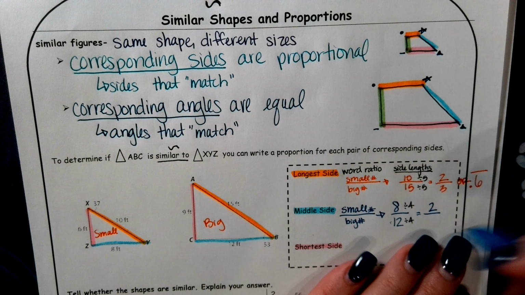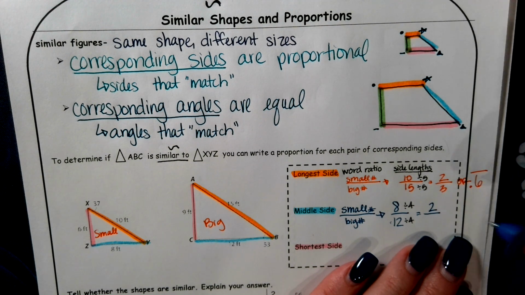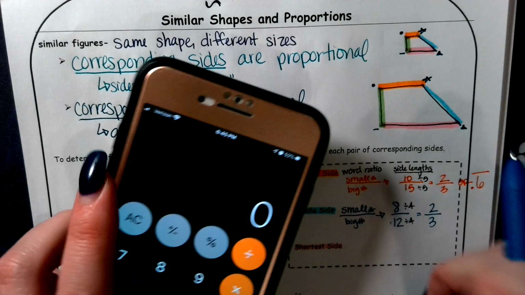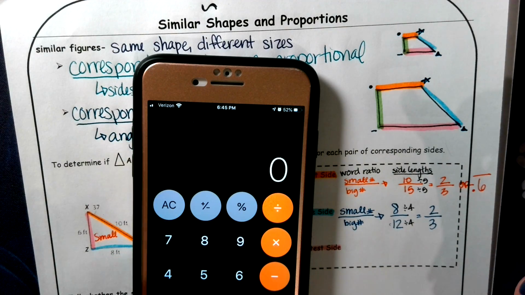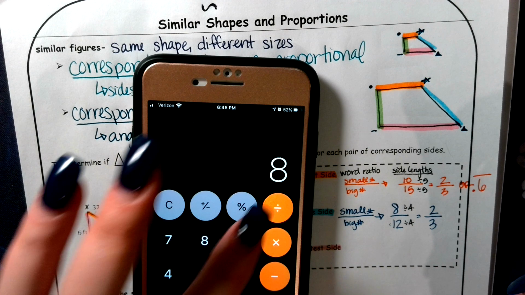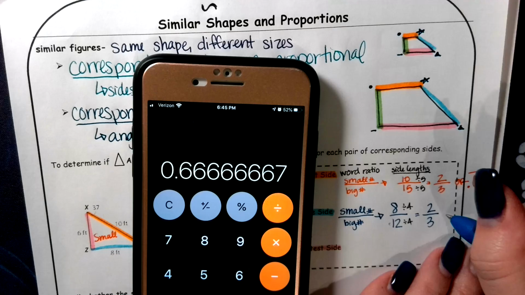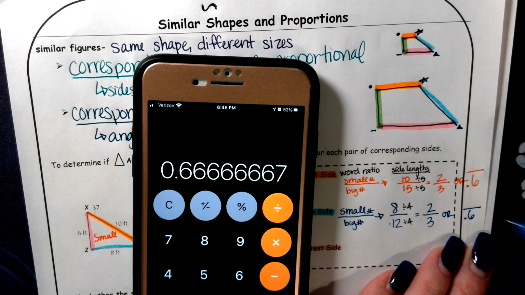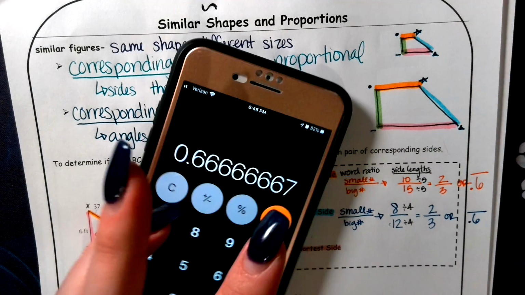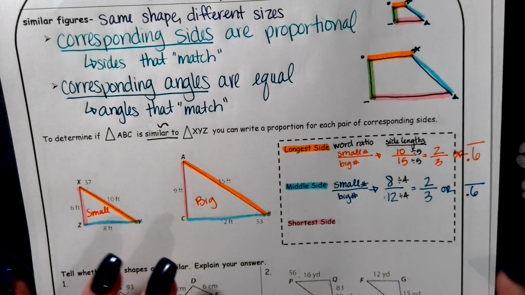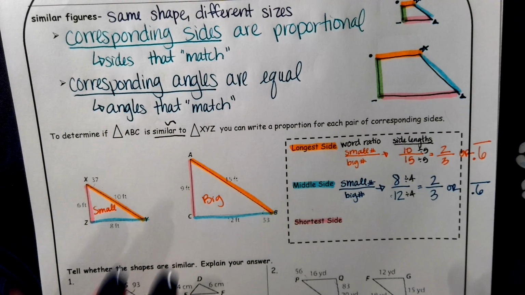What's 12 divided by 4? 3. So far we match. Again, you can also use your calculator too. That's totally fine. 8 divided by 12, and we get that 0.6 repeating again. Same thing. We have to check every single side because they might all be right until the very last one.